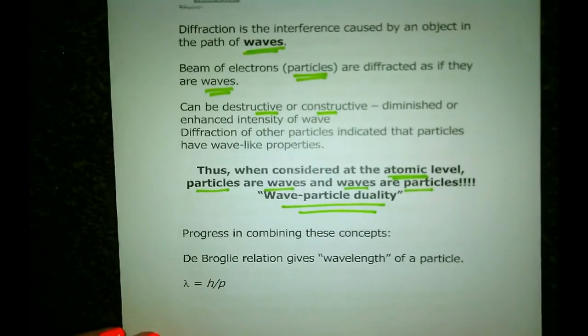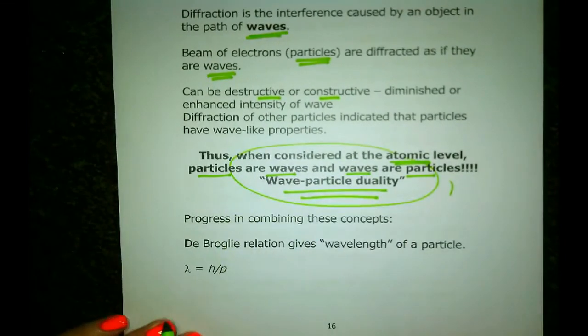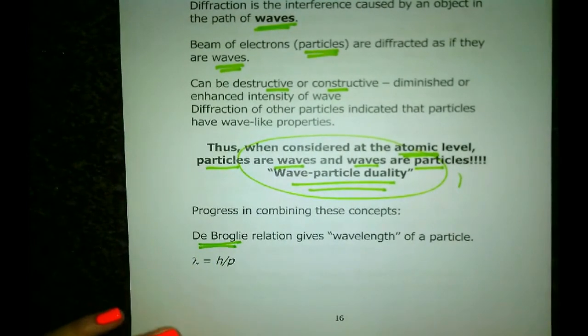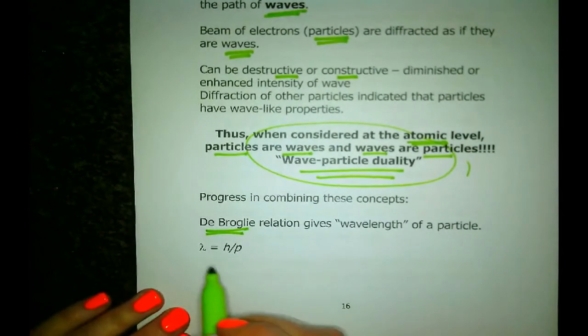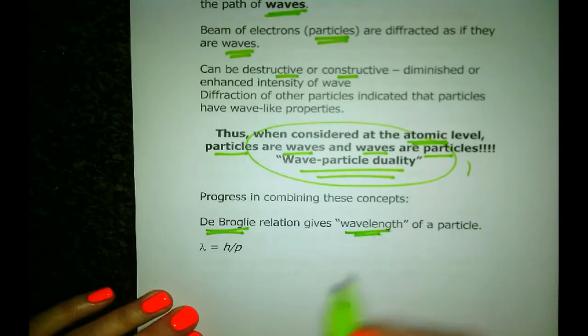And there's actually an equation that combines these concepts. And that is known as the de Broglie equation, and we're going to use this equation a lot. Now the de Broglie equation allows you to calculate the wavelength not of a wave but of a particle.